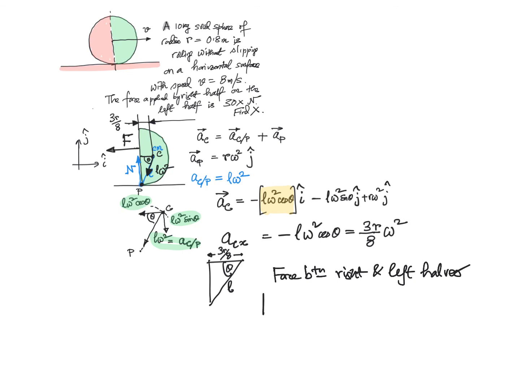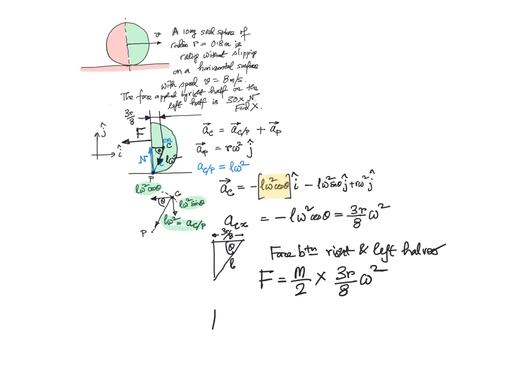So F is equal to total mass by 2 multiplied by 3r by 8 times omega square. So let us put the values. This is equal to 10 by 2 times 3 by 8 times r 0.8 times omega square. What is omega? 8 by 0.8, so 10 square.